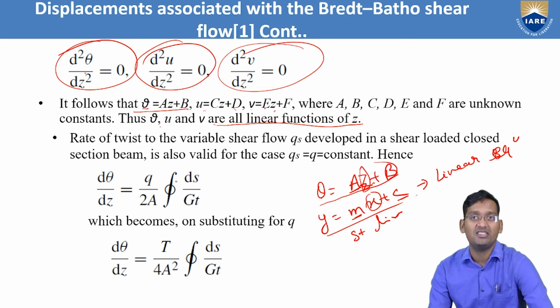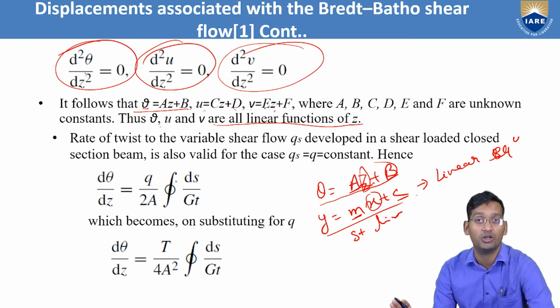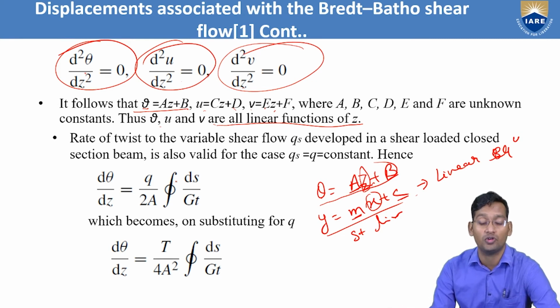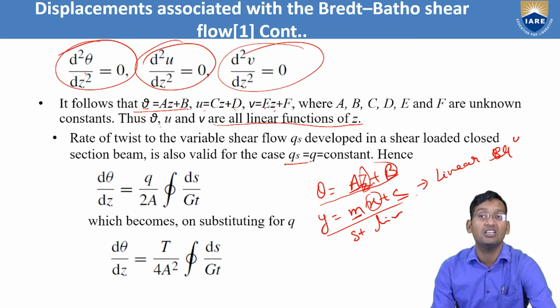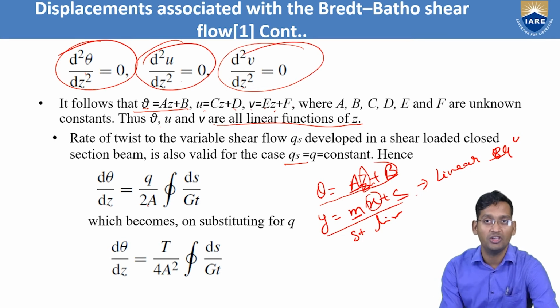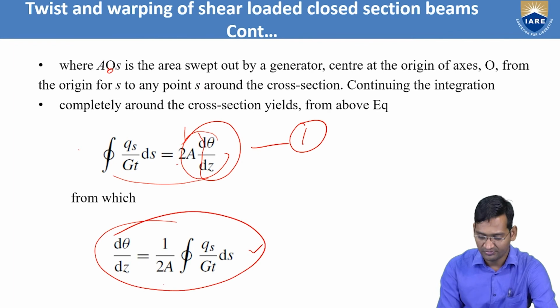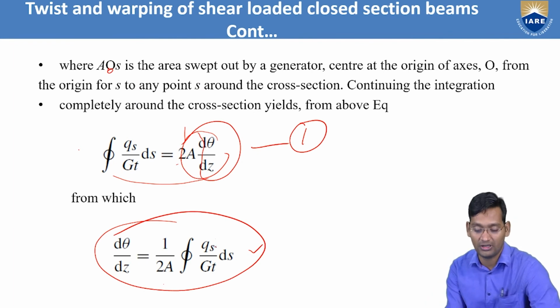The rate of twist due to the variable shear flow qs developed in a shear loaded closed section beam is also valid for the case qs = q = constant. In that case q is constant, hence qs also will be constant. We already found dθ/dz = 1/2A ∮ qs ds/Gt. There q was not constant, so it was inside the integration.